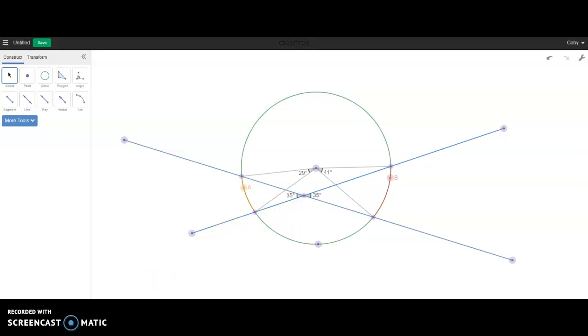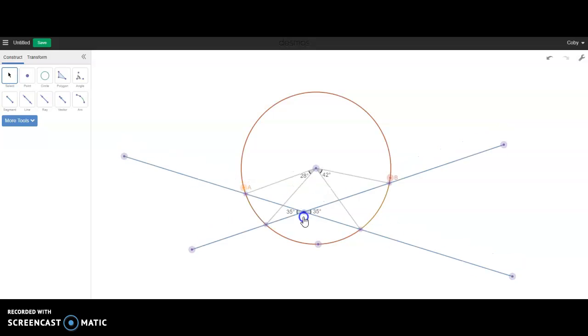So this theorem tells us that if two chords intersect in the interior of a circle, like these do here, the angle created by the two chords, 35 degrees, is exactly half of the sum of the two arc measures. I can move that around anywhere.